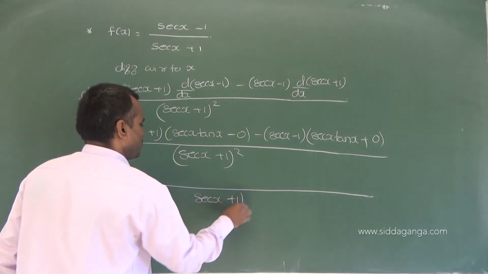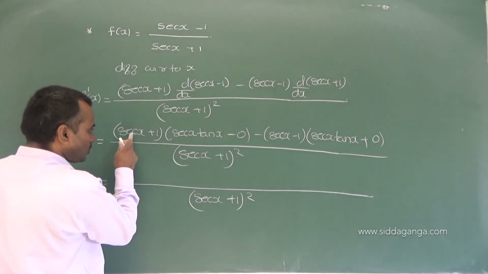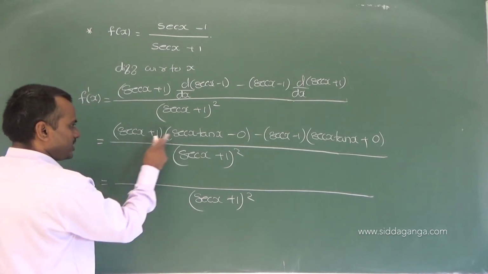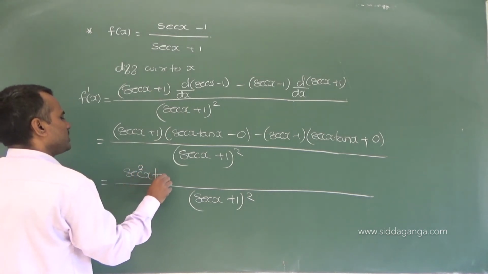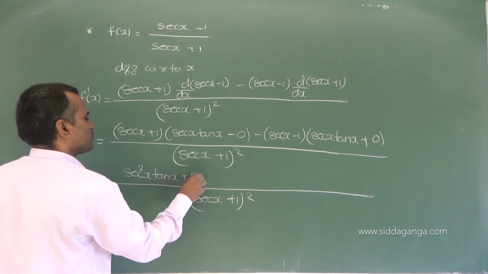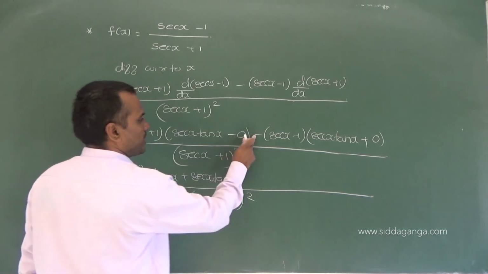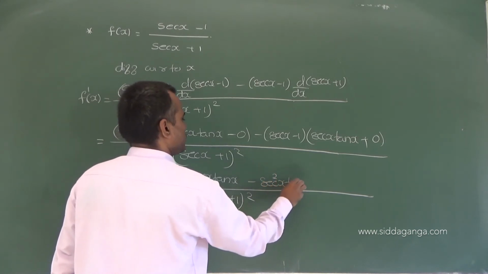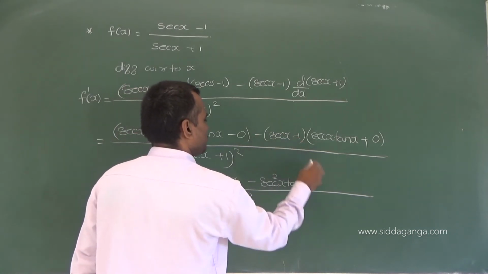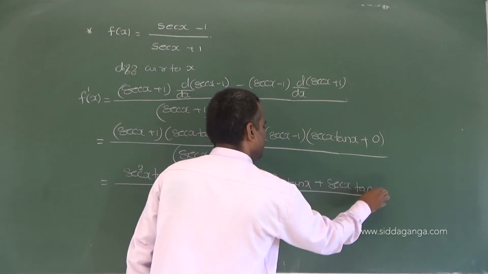Secant x plus 1 whole square. I multiply this term and this term. Secant x into secant x, secant square x into tan x, plus secant x into tan x, minus secant square x into tan x, minus into minus plus secant x into tan x.